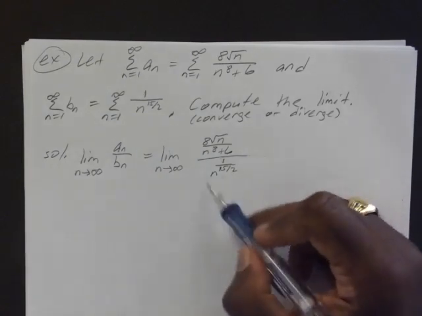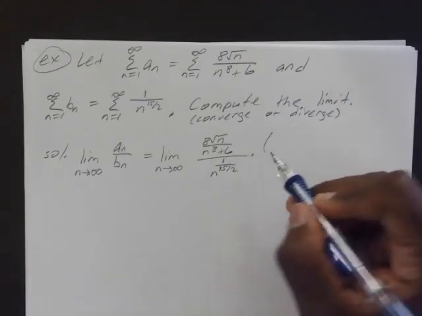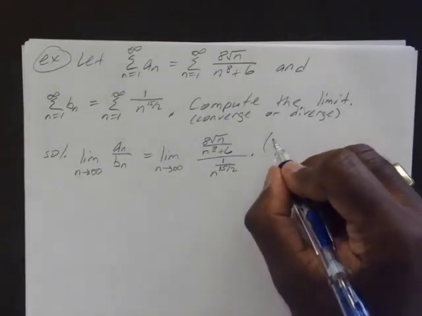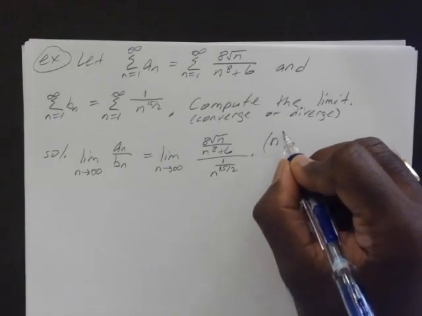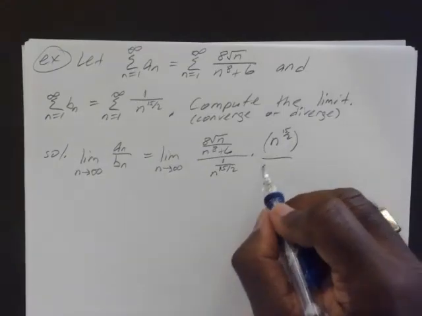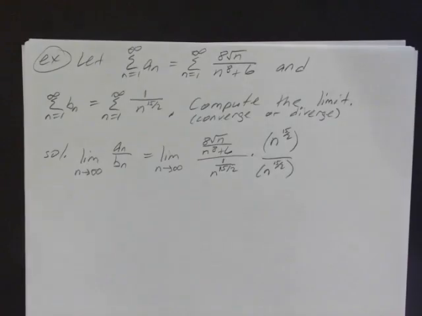So just to make this a little simpler to read, we're going to multiply the numerator and denominator by the reciprocal of the denominator, n to the 15 divided by 2 power, where in the denominator they cancel out and just become 1.